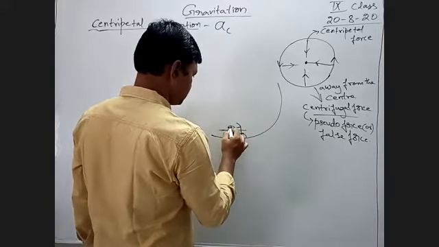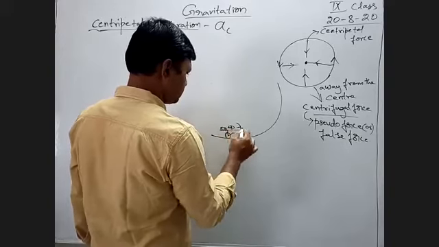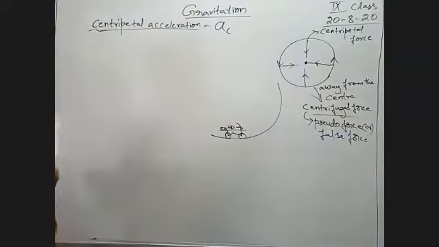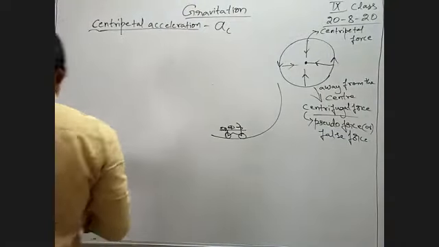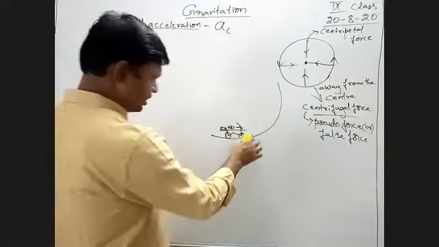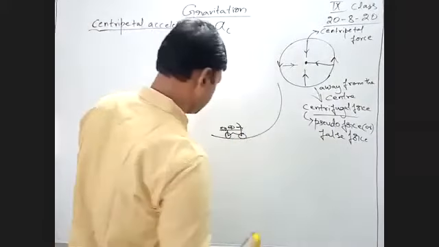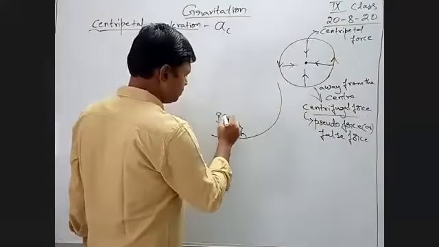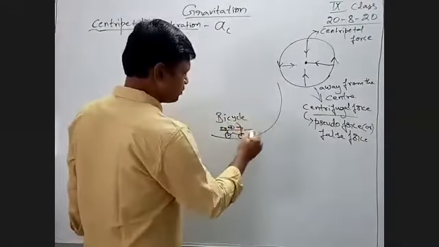From here and here, this is your bicycle. Is it appearing like a bicycle? So I have improved a little bit in drawing. When you are moving on a bicycle, you are moving like this.